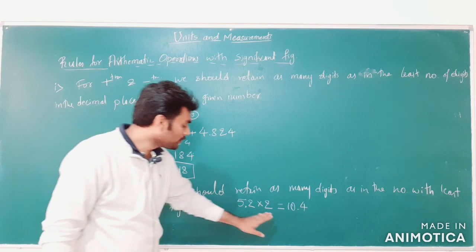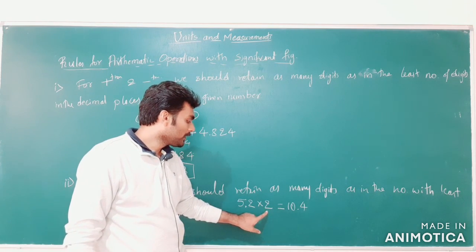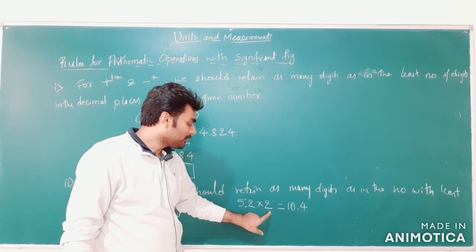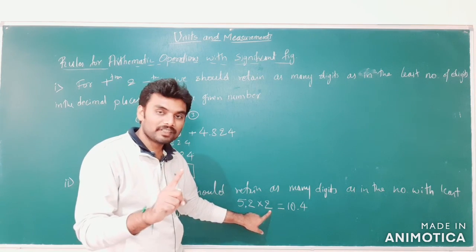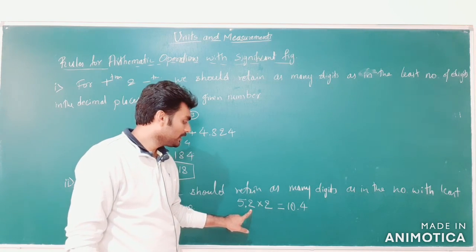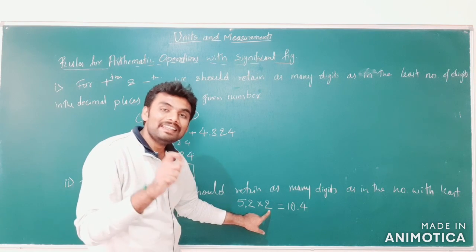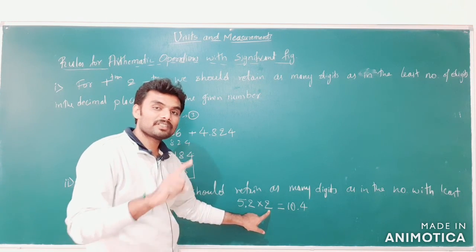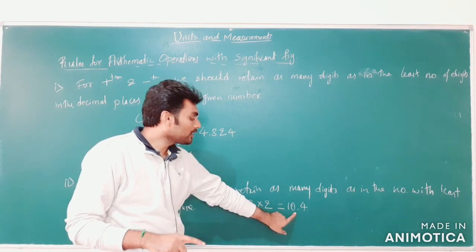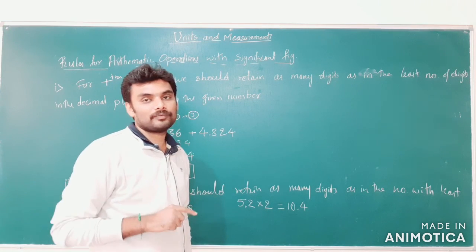We have two numbers given here. One is 5.2 and the other is 2. The second number has only one significant figure. The first number has two significant figures. Among these two, the second number has the least number of significant figures, which is 1. So the product should also have only one significant figure.